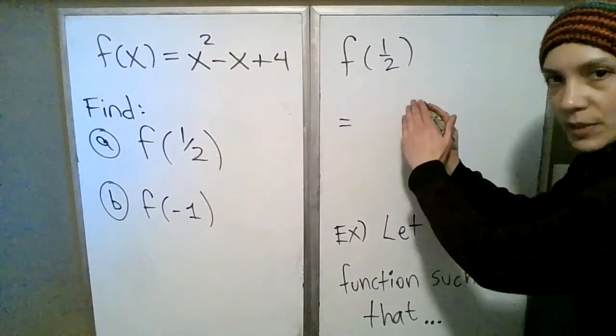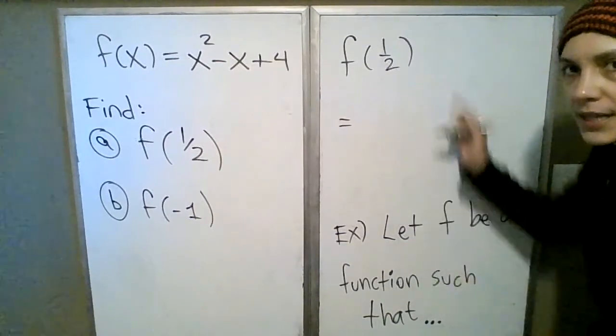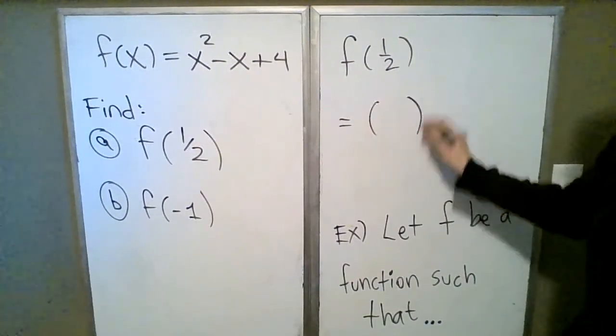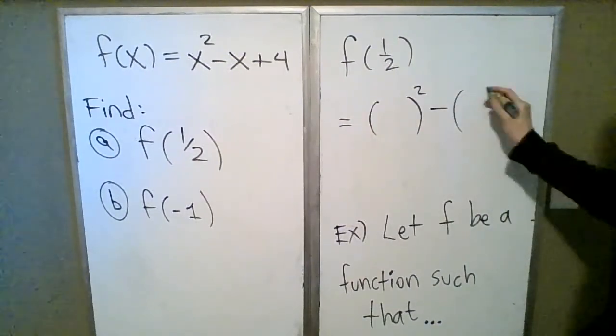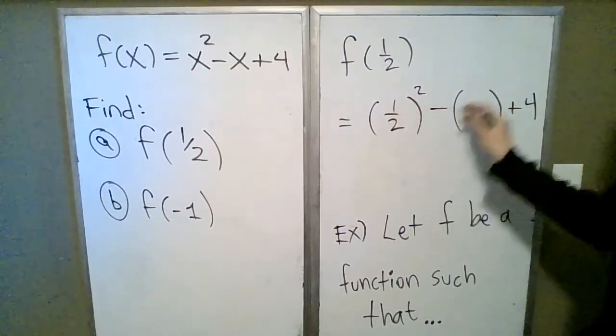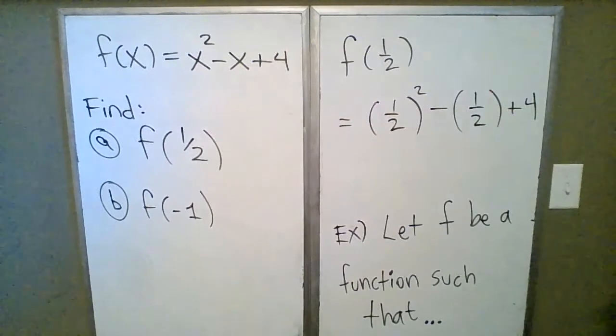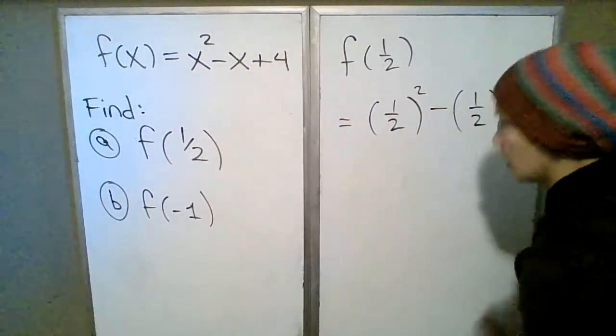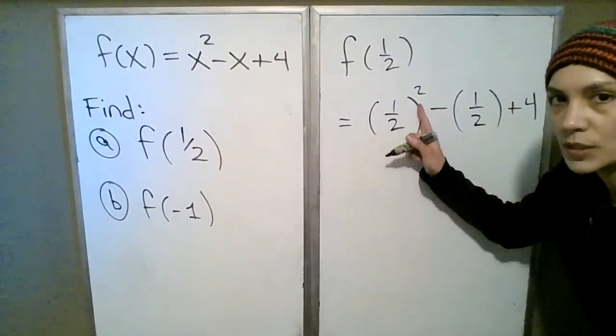So I say everywhere there's an x value, put in parentheses, and then put the input inside of your parentheses. One half squared is 1 squared over 2 squared.